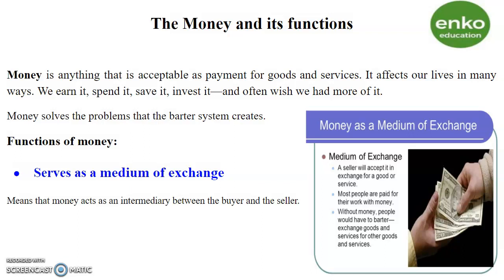Let's say salt at the beginning, then they evolved to precious metals, until the time that human beings invented money, right? Something that would not have value by itself, but value from the trust that is given by the governments. Let's say now, money is anything that is acceptable as payment for goods and services.